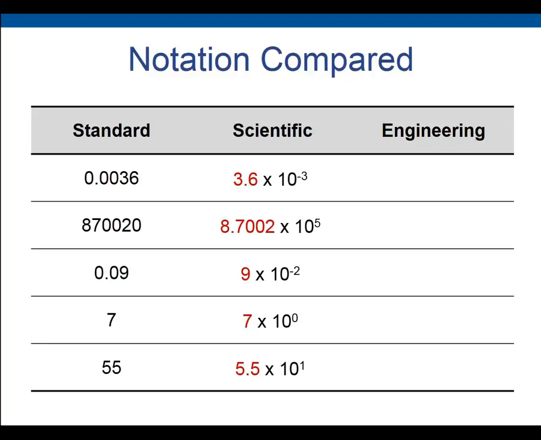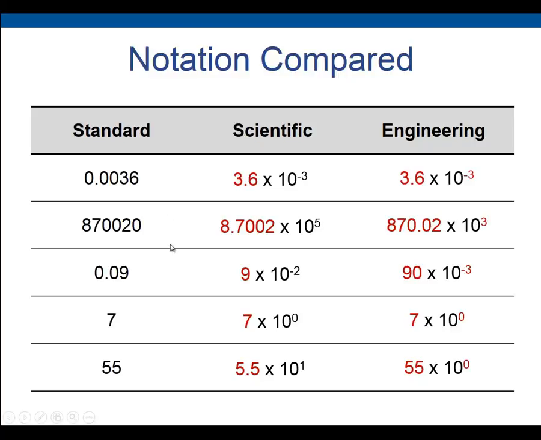The range of absolute value of m is less than 10 and more than or equal to 1. In engineering notation, the format is m times 10 to the nth power, but the superscript number is a multiple of 3. The range of absolute value of m is less than 1000 and more than or equal to 1.